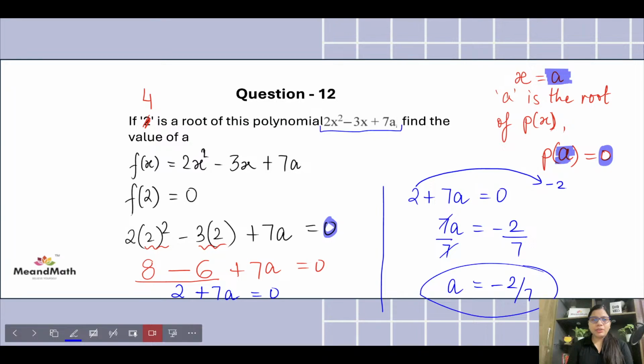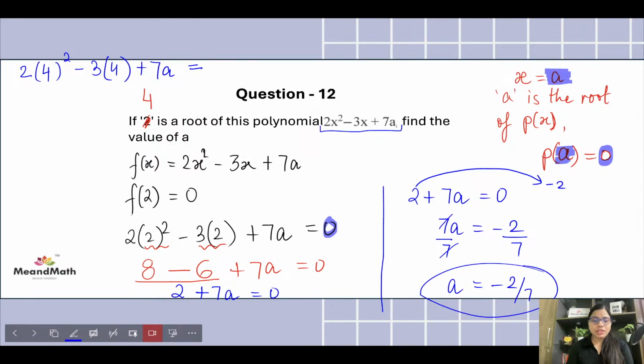Substitute the value of x, the new value of x, which is 4. And why are we substituting 4? Because 4 is the root. They have given us that 4 is the root of the polynomial.